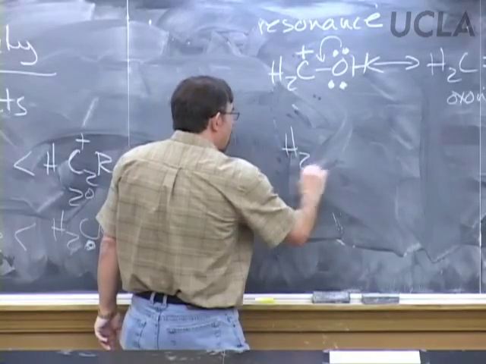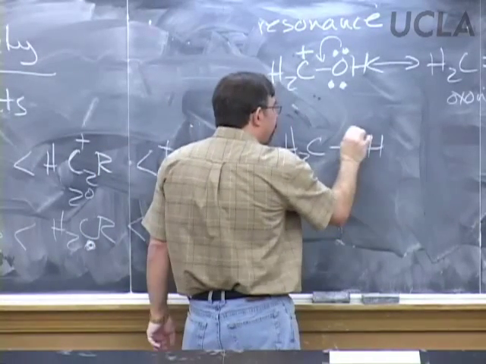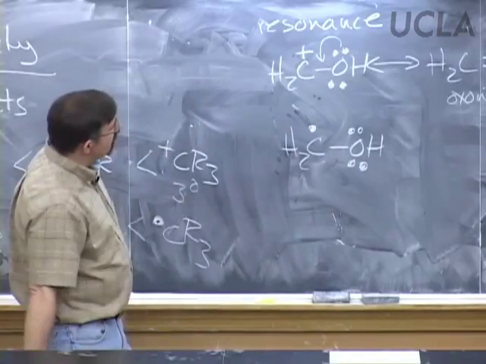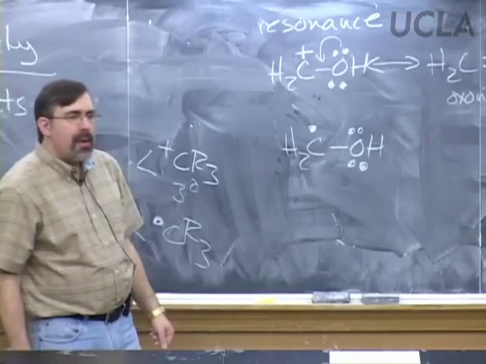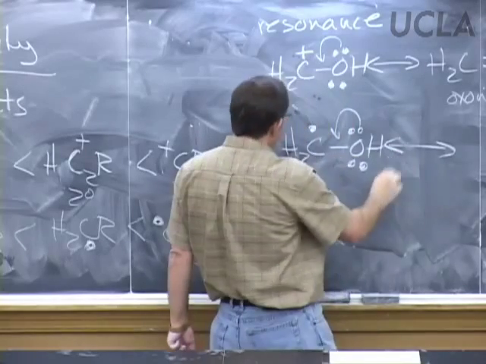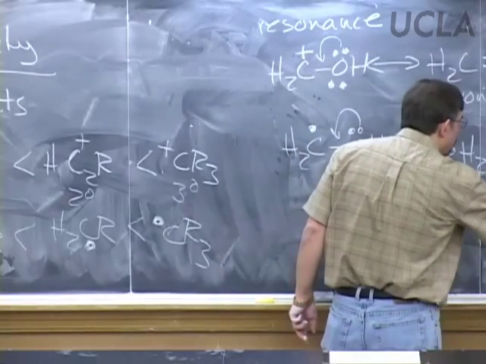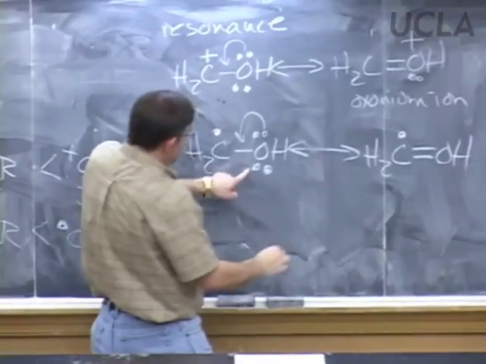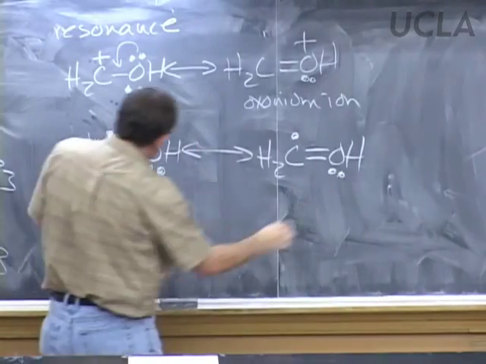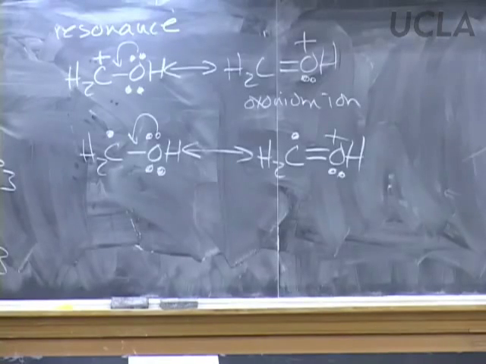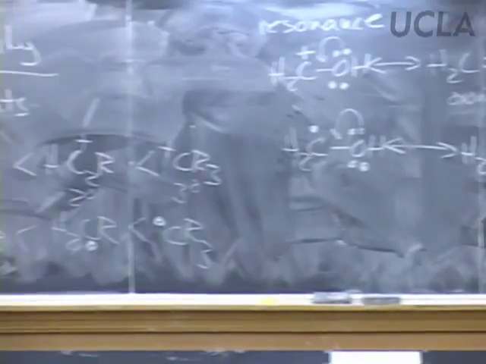What about in a radical case? So I'm going to try having an oxygen next door to the radical. The carbon has an open octet. It's got those 7 electrons. So let's bring these guys over, just like we did for the carbocation. We have a dot there, we have a lone pair there, and a positive charge there. Still an oxonium ion. What do we think about that new structure?